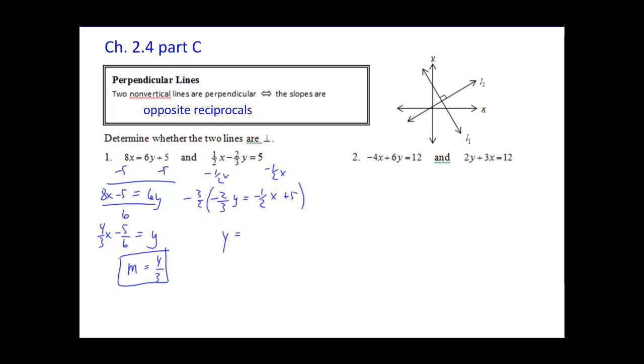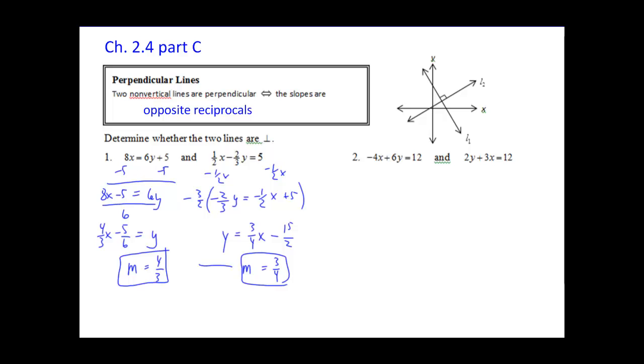When we distribute to the negative 1/2, we're going to get positive 3/4, so 3/4 x. And when we distribute to the last one, we're going to get negative 15/2. So our slope on this one is m equals 3/4.